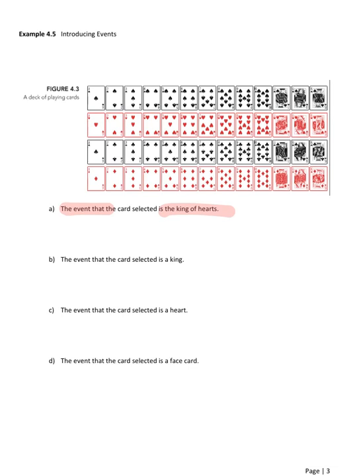So let me ask you, how many cards are the king of heart? Just 1, in the event, in part A.